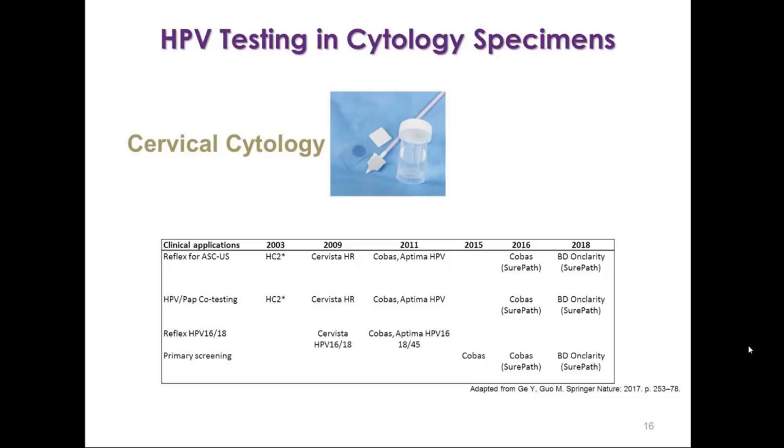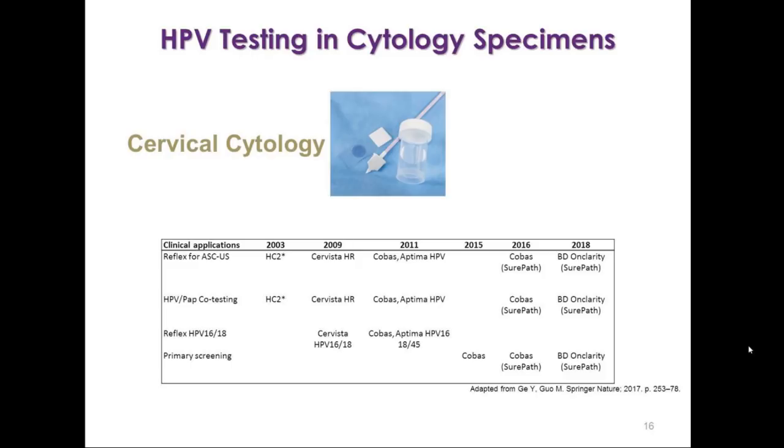Shown here is a table that shows you the timeline of how we've utilized HPV testing, either for reflex testing for ASCUS, HPV Pap co-testing, or primary screening. There are several commercially available tests, and they have been approved for the different indications.